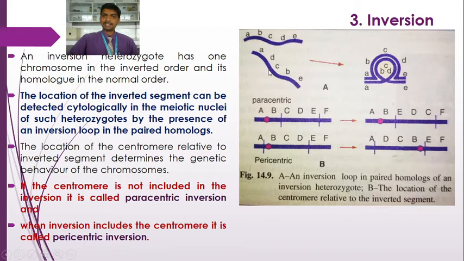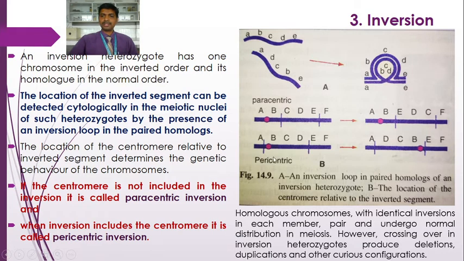So when this homologous chromosome pair starts to pair, or synapse, during the zygotene stage of prophase I, it forms an inversion loop, and that inversion loop is cytologically detected. When the centromere is involved in the inversion, it is pericentric inversion. When the centromere is not included in the inversion, it is paracentric inversion. So these are the two types of inversion.